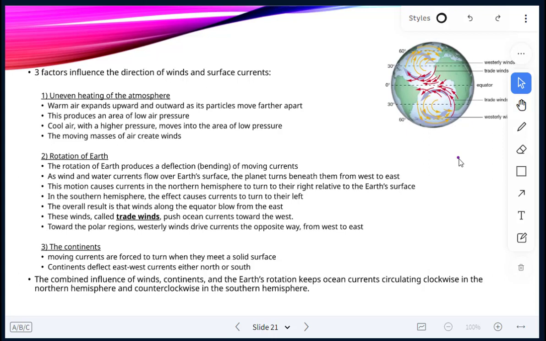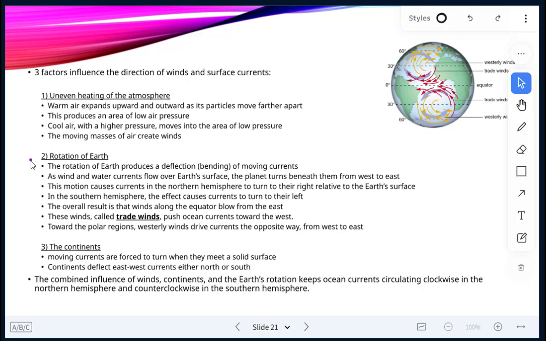Cool air with a high pressure will move into the area of low pressure, and that moving mass of air creates winds. Secondly is the rotation of Earth. The rotation of Earth produces a deflection or bending of moving currents, and you'll do a BrainPOP activity on it next week, and you'll see the Coriolis effect.